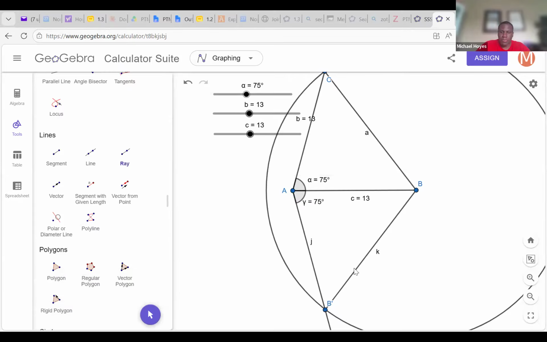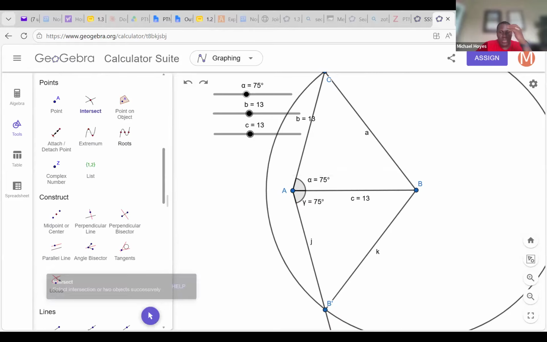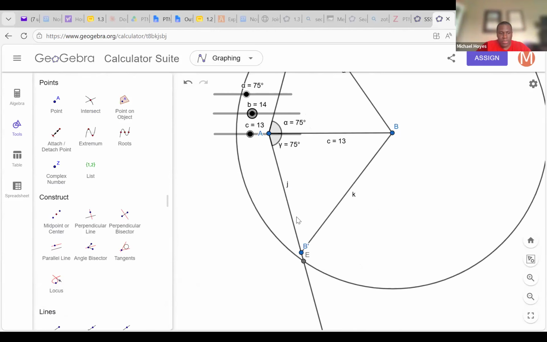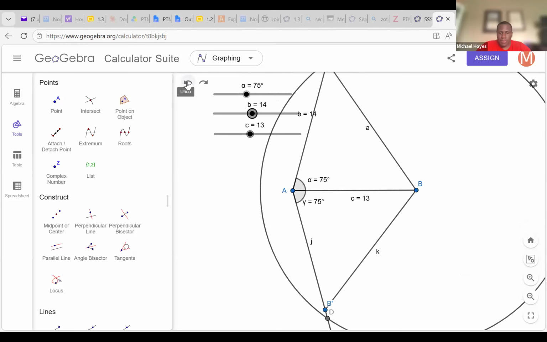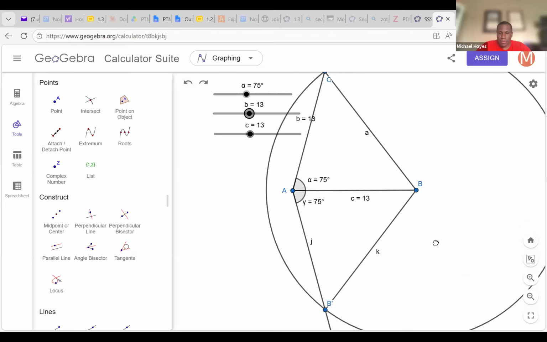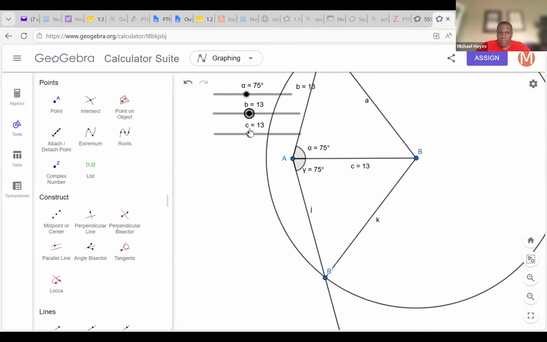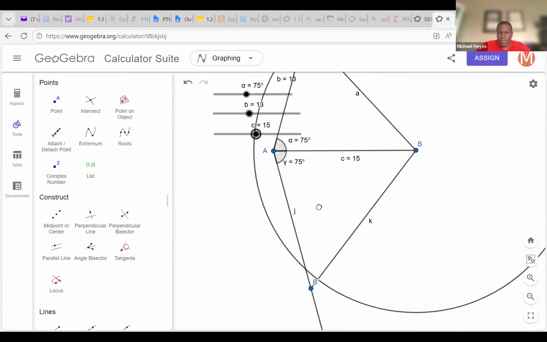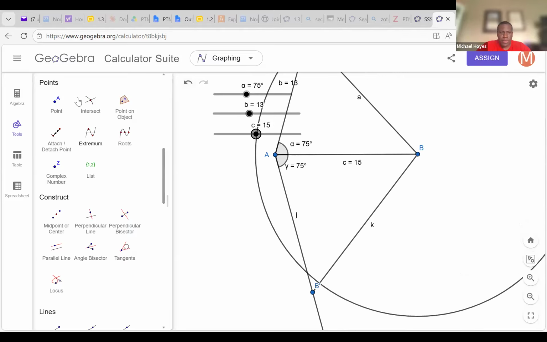And I want the intersection of the ray and the circle. Oh wait, I missed the circle.